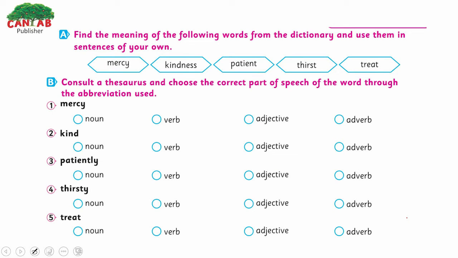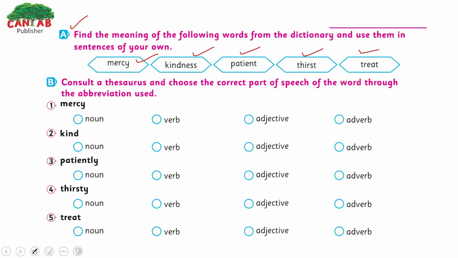We have 2 sections here, section A and section B. What it says: find the meaning of the following words from the dictionary and use them in sentences of your own. What you need to do, you have to open the dictionary and find English to English meaning of these 5 words here and use them in meaningful sentences.